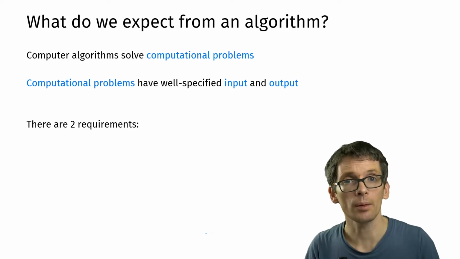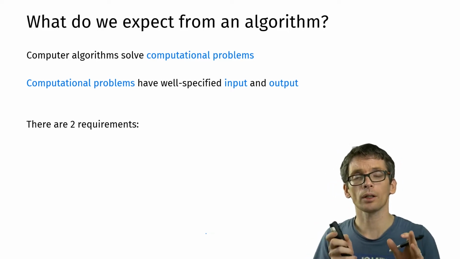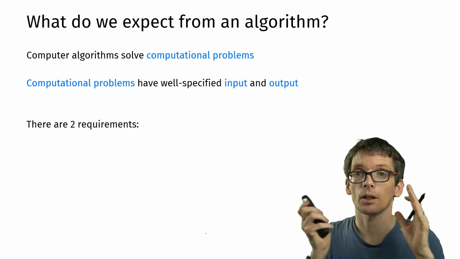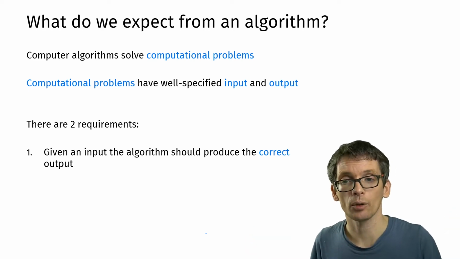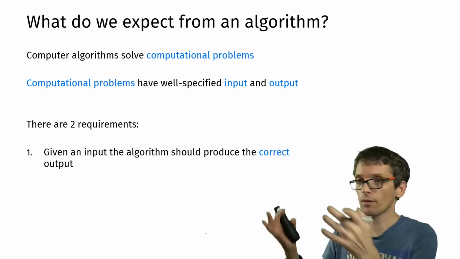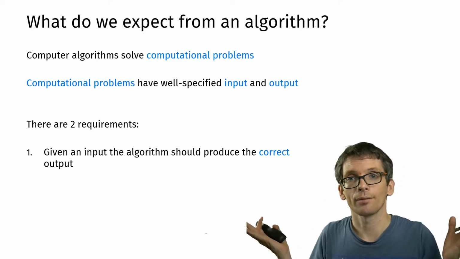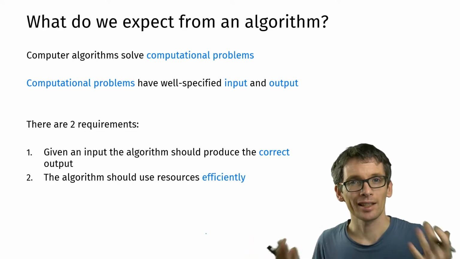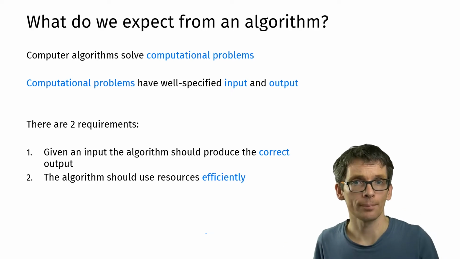The first is maybe even too obvious, but very important and something that we always have to carefully check, in particular for more complex algorithms, and that is that this algorithm is actually correct. So given an input, does it give the correct output? Of course, if the algorithm isn't correct, it's not really useful no matter how fast it is. Secondly, the algorithm should use resources efficiently.